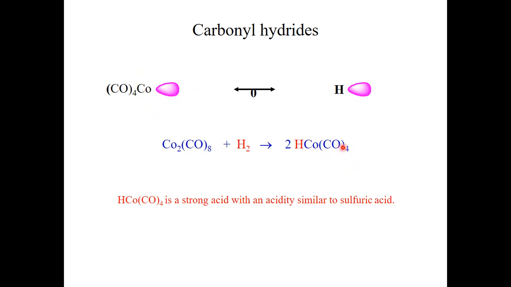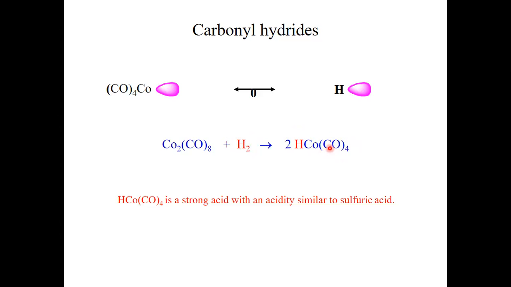So how can you make such a carbonyl hydride? You can make it by starting out with dicobalt octacarbonyl and hydrogen gas. This carbonyl hydride has an interesting property.